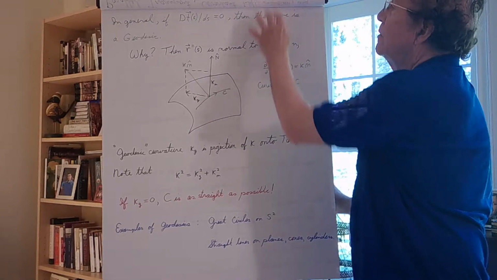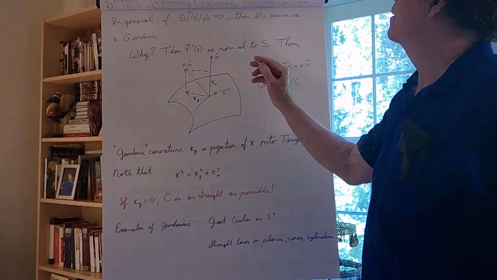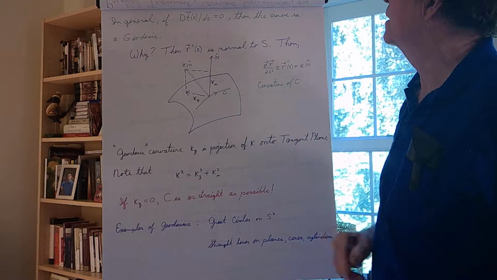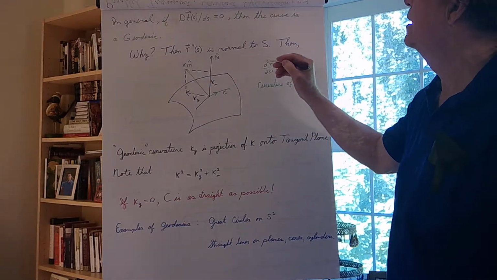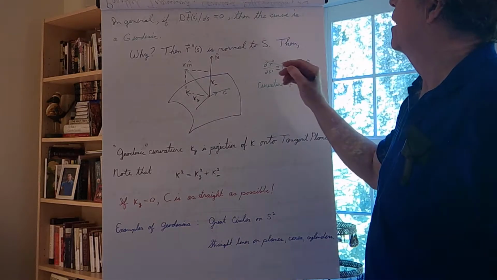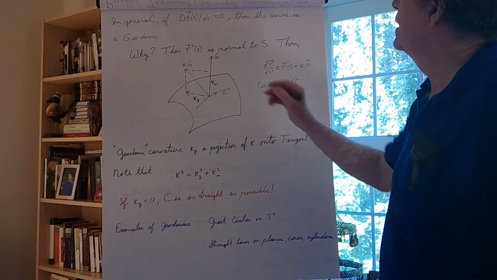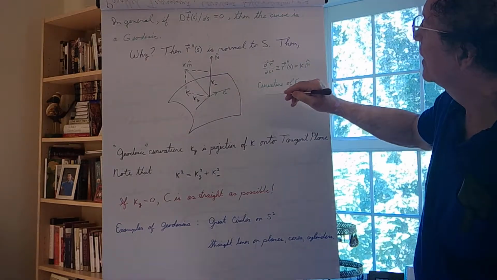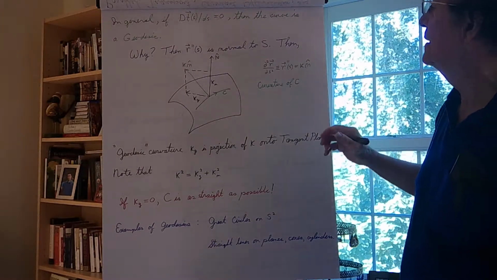So here I just remind you a little bit about that. If the covariant derivative of the tangent to the curve is equal to 0, then the curve is a geodesic. That's the situation where R double prime, the primes meaning differentiation with respect to s, is normal to the surface. So here I imagine a curve C labeled here. It has some curvature.